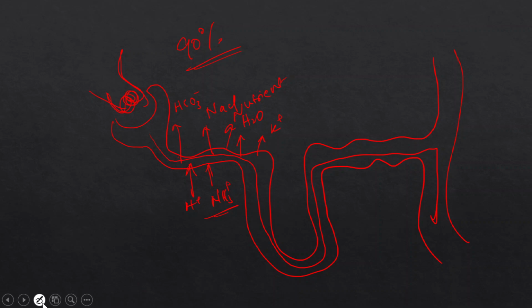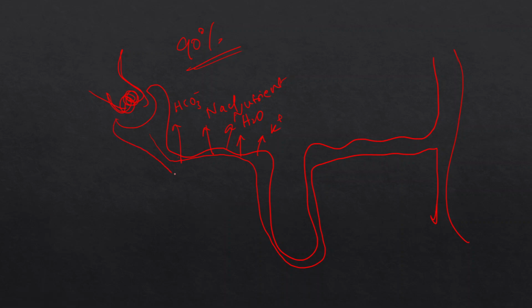Now, in the descending limb, how should you remember the concentration? Here concentration is important: where it is decreased and where it increases. For the descending limb, remember that it is a waterfall.